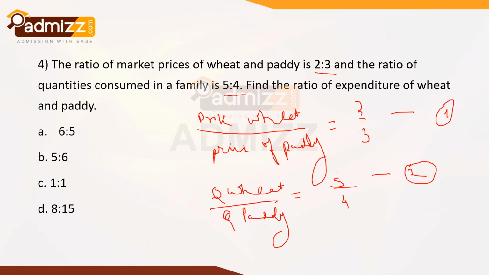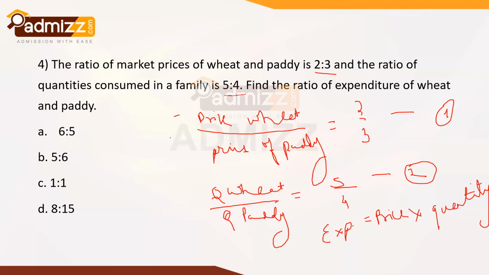Now take a look at this. The expenditure or the amount of money that the family spends on wheat and paddy is basically equal to the price times the quantity. Expenditure is equal to price per unit times quantity used.